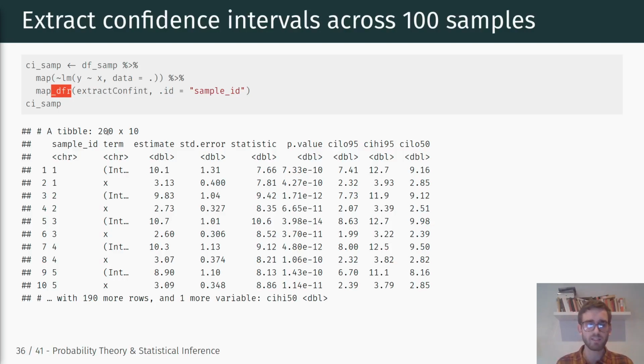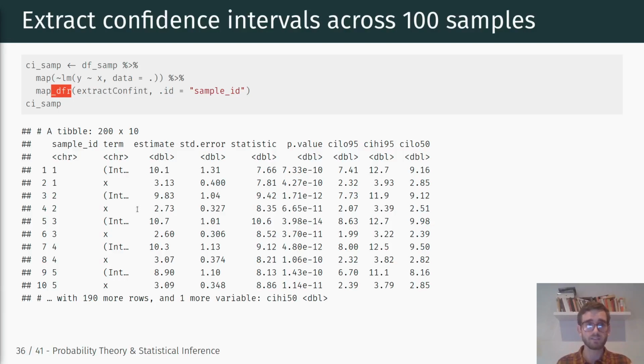Why 200 by 10? It's 2 for each regression model, because we had an intercept and a slope. It's 100 separate samples, so we have 100 intercepts and 100 slopes. And we have the 10 different variables that correspond to the output of this extract confint function, as well as a sample ID variable, which I specified here, which just helps us identify which of these samples these coefficients ultimately belong to, right?